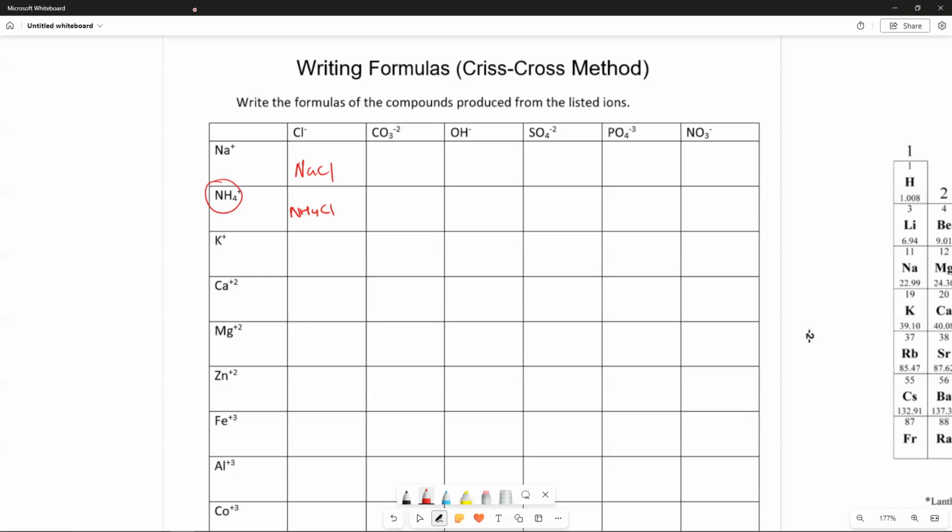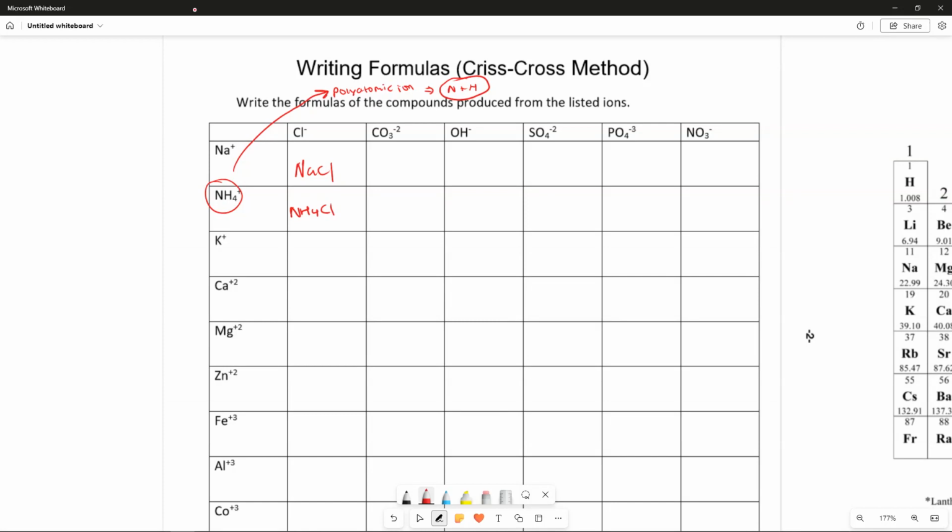And note that because this is a polyatomic ion, it has a combination of these two in order to make that ion.